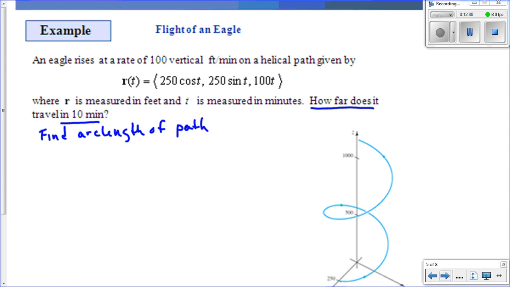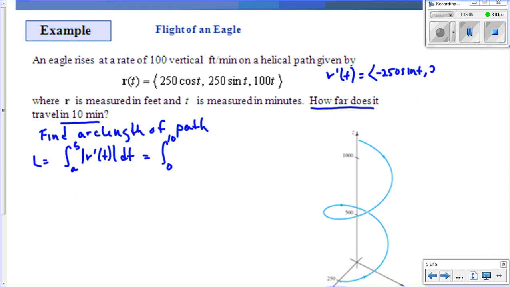Okay, so we have that the arc length will be the integral from a to b of the magnitude of the speed, which will be the integral from, it says in 10 minutes, so from 0 to 10. R prime is negative 250 sine t, 250 cosine t, 100.